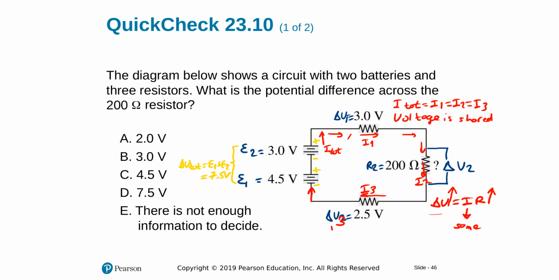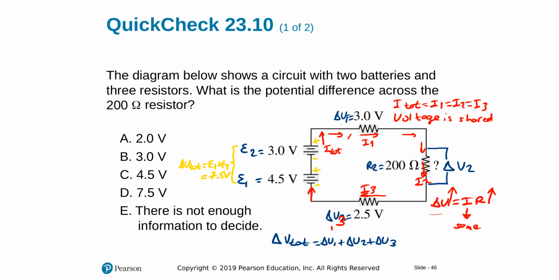We said they share the potential differences, so we can write down delta V total is equal to delta V1 plus delta V2 plus delta V3. And that will give us our answer. What is the potential difference across?